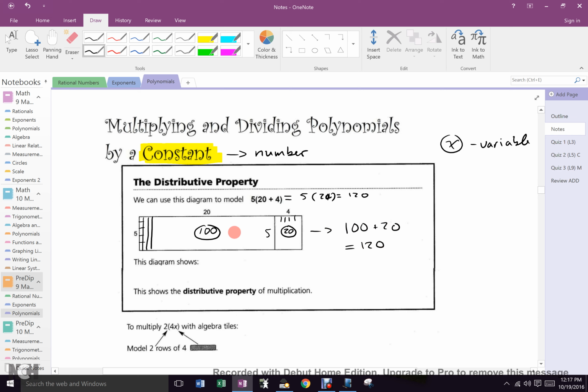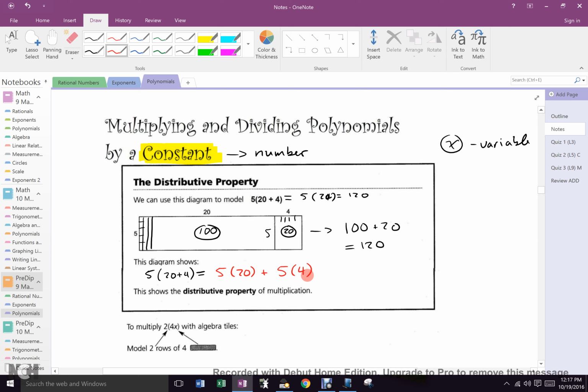This diagram shows that 5 times (20 plus 4) is the exact same thing as 5 times 20 plus 5 times 4. Does everybody see that?